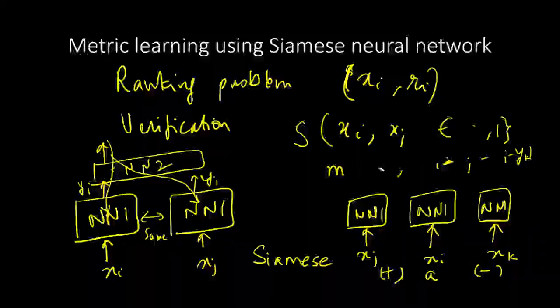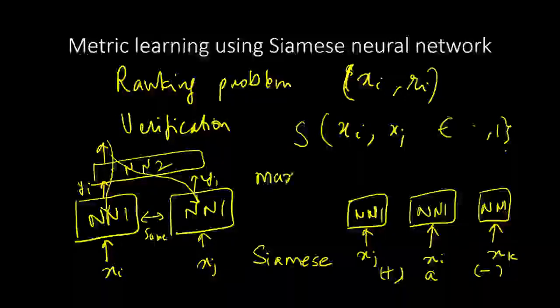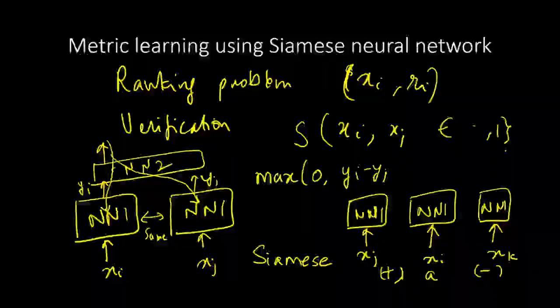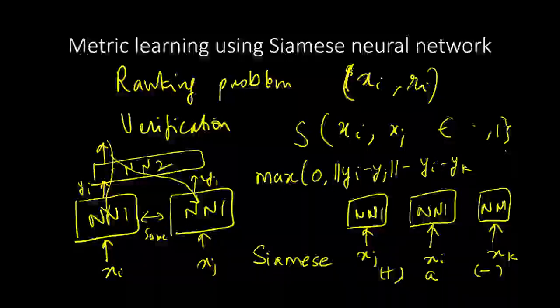Let's write with more space. So yi and yj should be closer to each other. But if they are not close to each other, then we are going to penalize, minus yi minus yk.